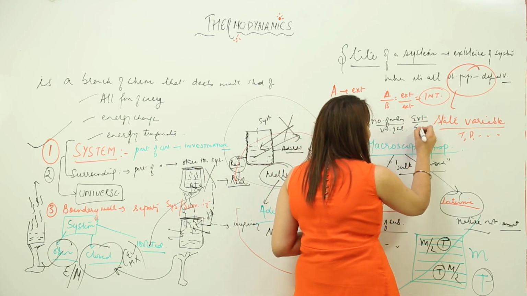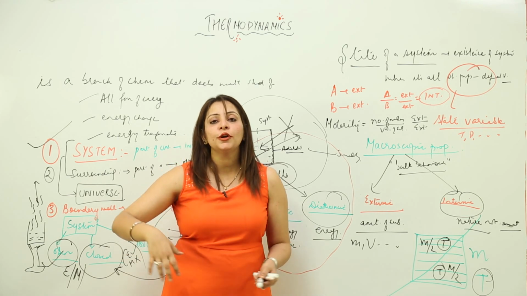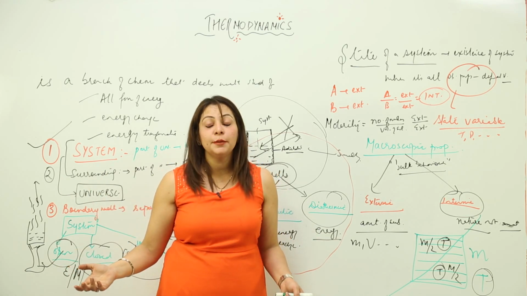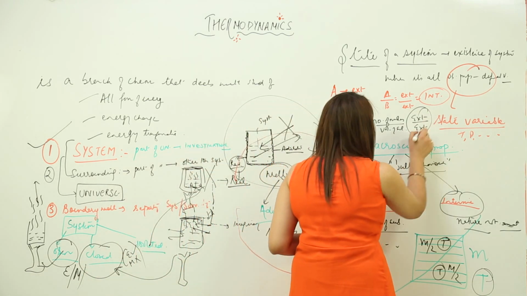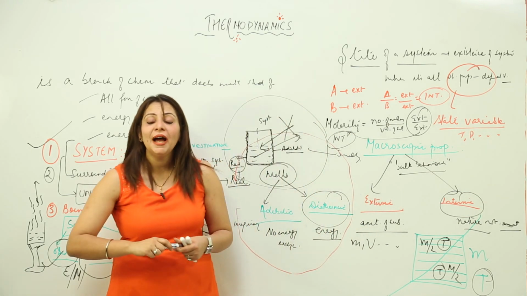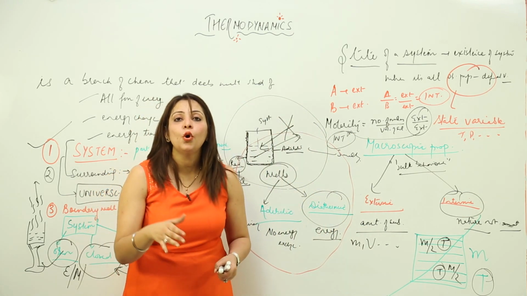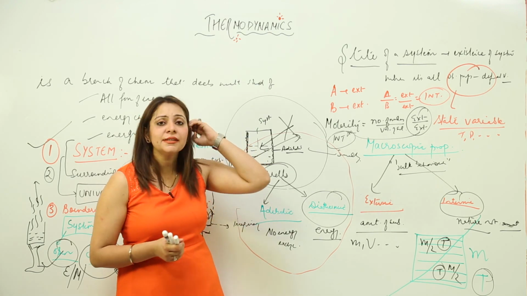And volume is again extensive, because the volume occupied by 5 moles is different from the volume occupied by 10 moles, so it depends upon the amount. But the result you get, molarity, is definitely intensive. So keep in mind the ratio of two extensive properties is always intensive.